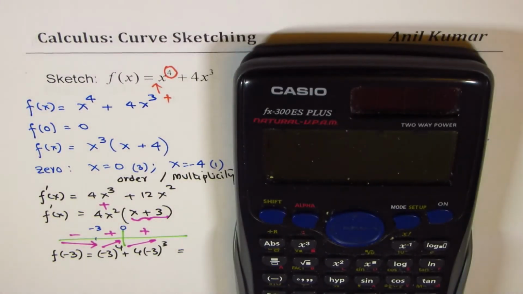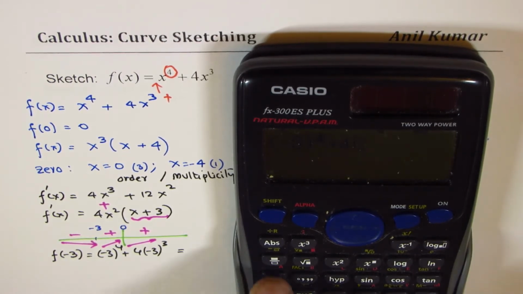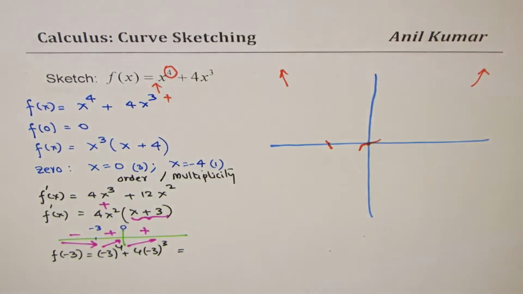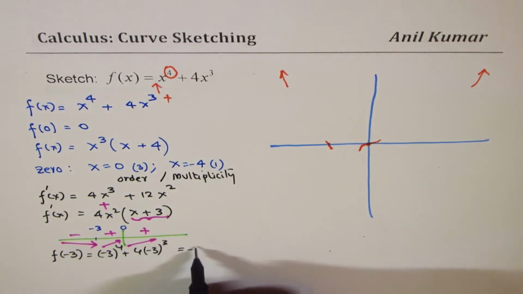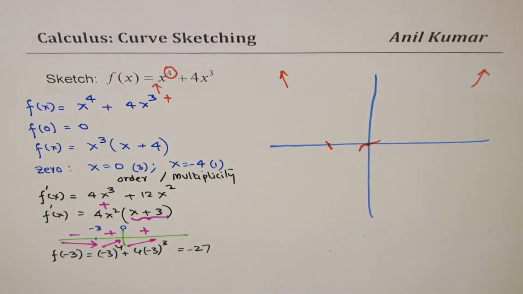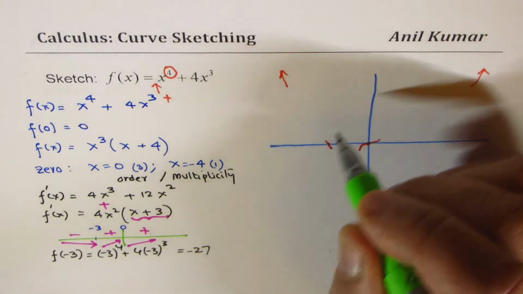So let's do it. Within brackets, we have minus 3 to the power of 4 plus 4 times minus 3 cubed. And that gives you minus 27. So we have minus 27 here. That means I could actually sketch this graph like this.